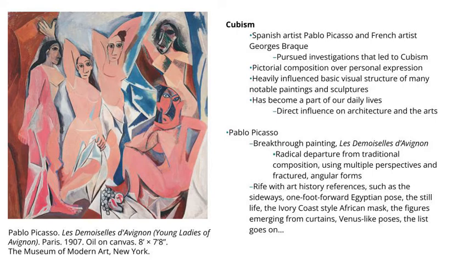And there's also the first real depiction of the femme fatale, or the dangerous woman. This is a depiction of women at a brothel, and they're meant to be so confrontational that, in fact, one of them literally has her head turned around backwards like an owl to be making confrontational eye contact with you.